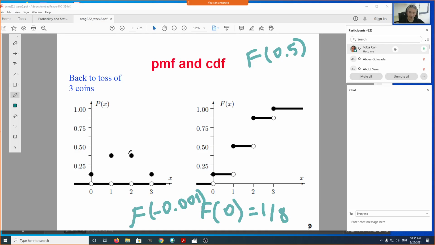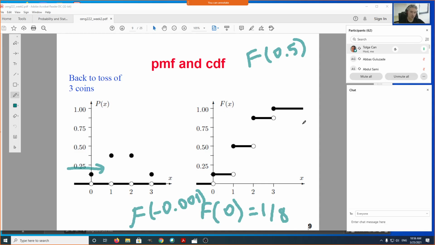Just consider a function that goes over this function from left to right, and whenever it sees something, it jumps to that point and keeps adding the values. So it keeps adding 0, 0, 0, 0 here, because the probability to obtain exactly 0.5 heads or 0.6 or 0.7 heads is 0. It remains like this all the way until we hit the exact point 1, because at 1, 3/8 is going to be added and we jump here.